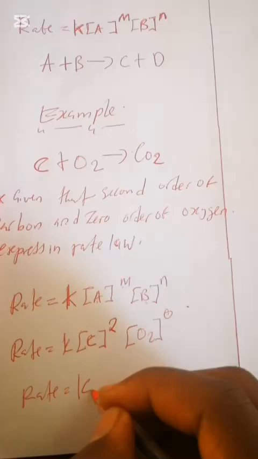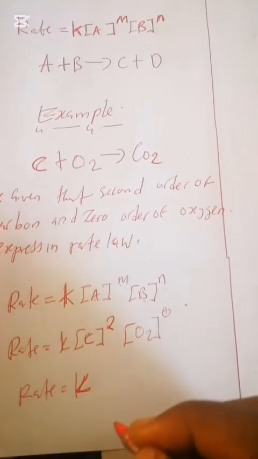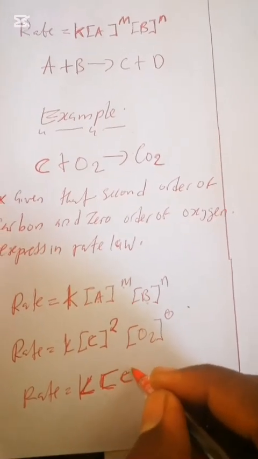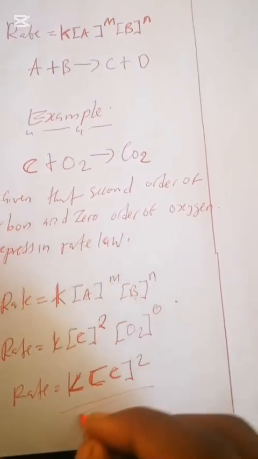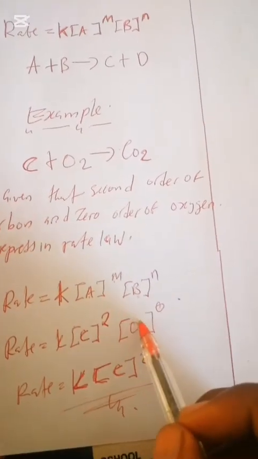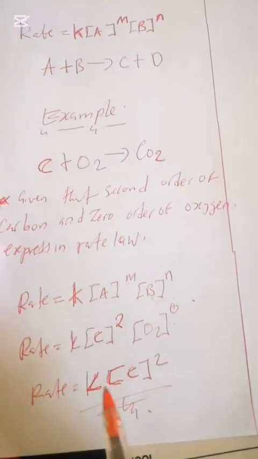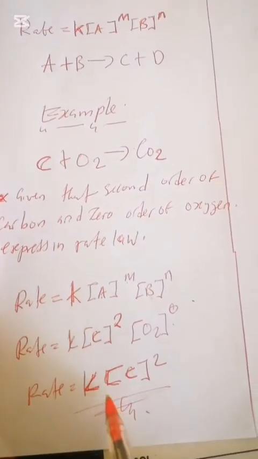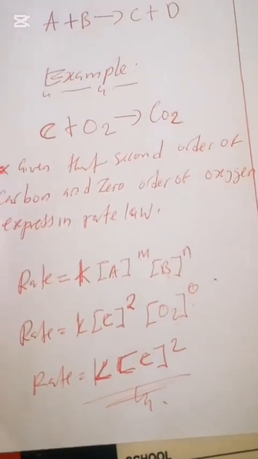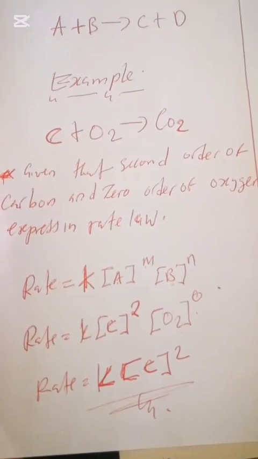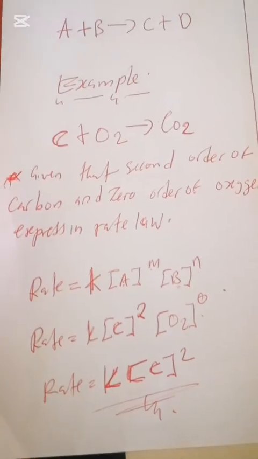So we write k, then the final answer is k[C]^2, because any number to the power 0 is 1. That is the only way we can express reaction order. So it is simple, easy, and straightforward.